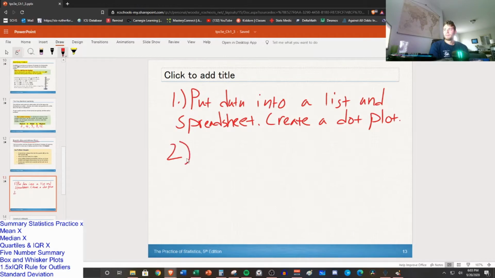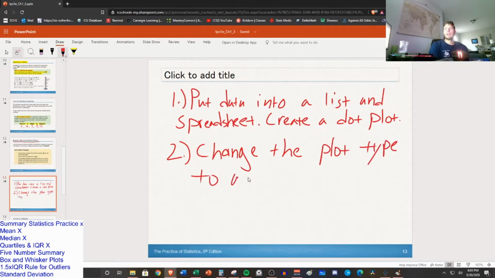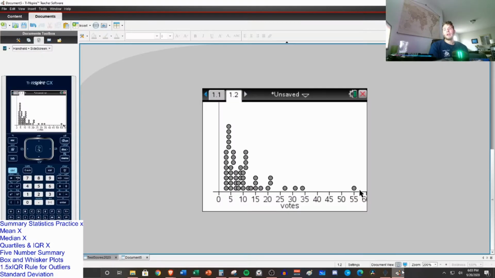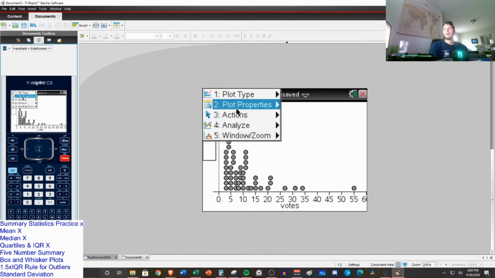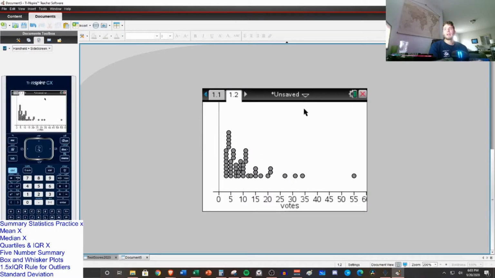Next, we want to change the plot type to a box plot. So go in your calculator, menu, plot type, box plot, and there we go.